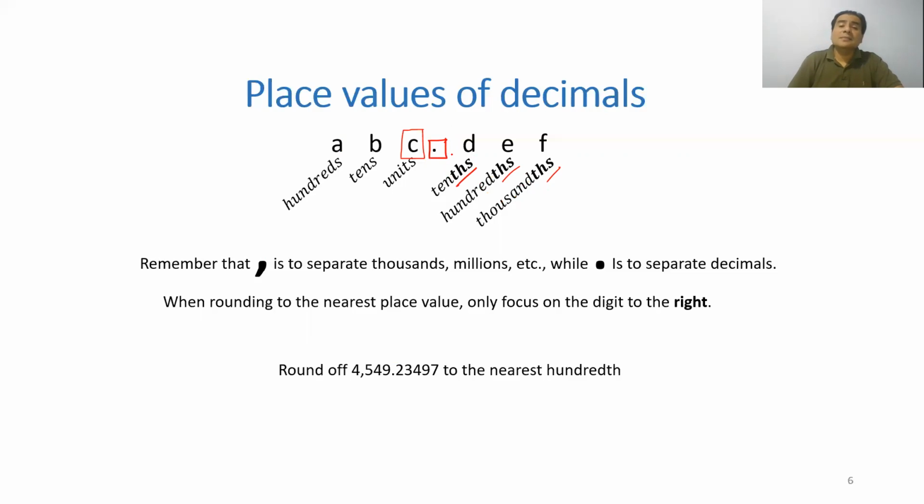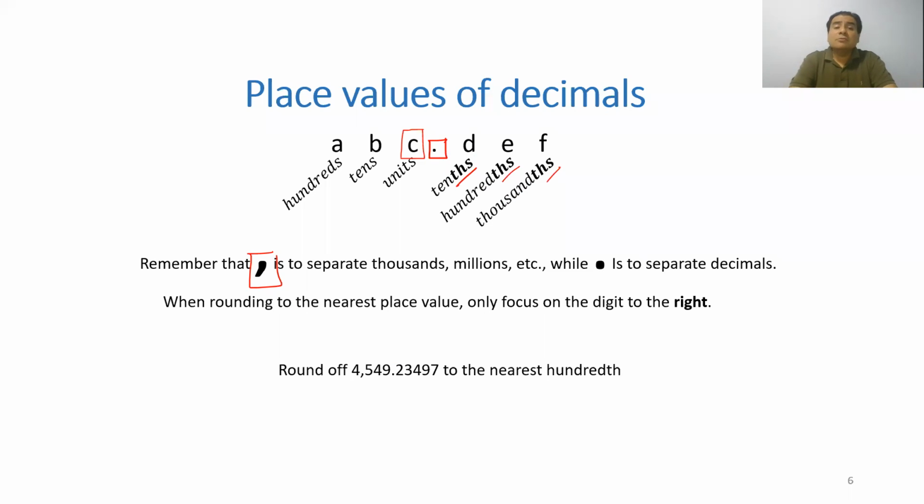The decimal point is always what separates decimals from integers, right? The comma in the GMAT is for separating thousands or millions. And it's very important to remember the names of the place values because it's essential for rounding, okay?